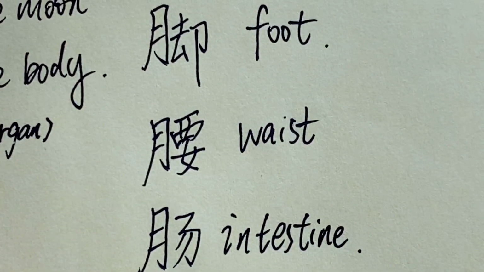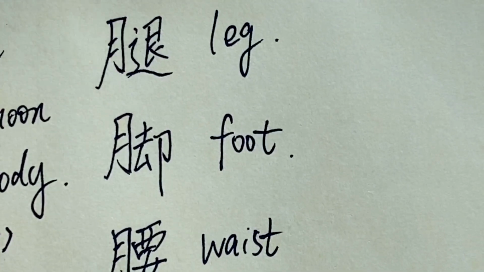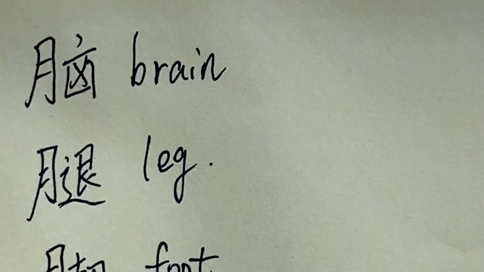When 月字旁 is on the right side of a character, it mostly indicates time and weather.